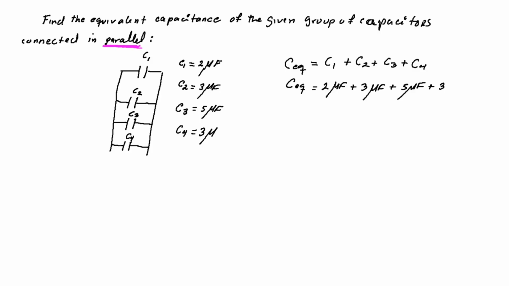So adding, 2 plus 3 is 5, plus 5 is 10, plus 3 is 13 microfarads. So what is the equivalent capacitance in this case? The equivalent capacitance is 13 microfarads.